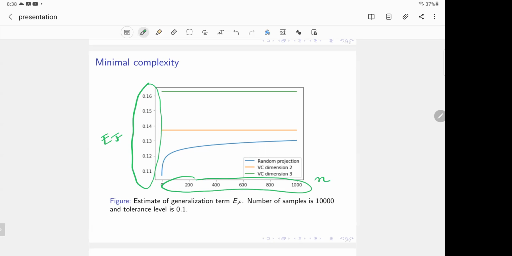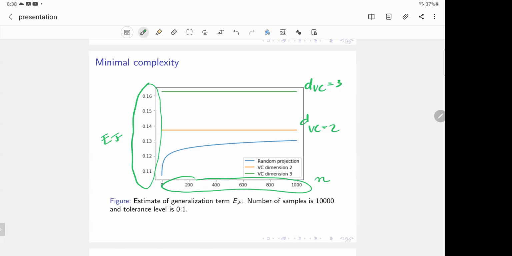and 1,000. As you can see, the orange and the green line, which correspond to the VC dimension, are constant because they do not depend on the number of projections. But here we compare what happens to the generalization term when n grows.